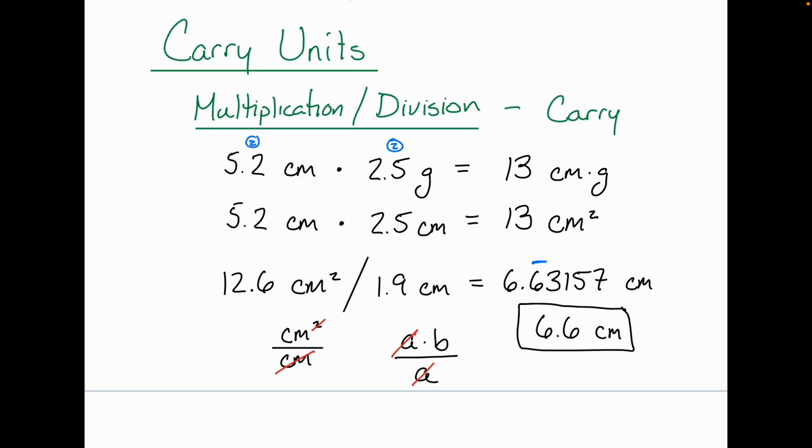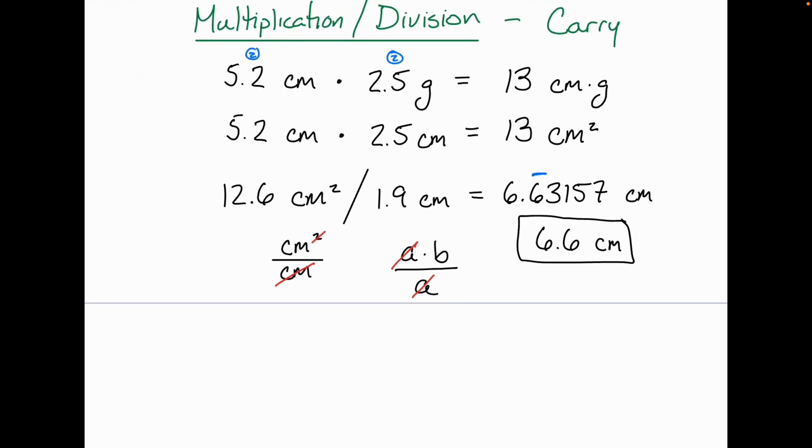Okay? And then let's just do one more here. What if we had, we'll keep the values the same, 12.6 grams divided by 1.9 liters. We get that same 6.6.